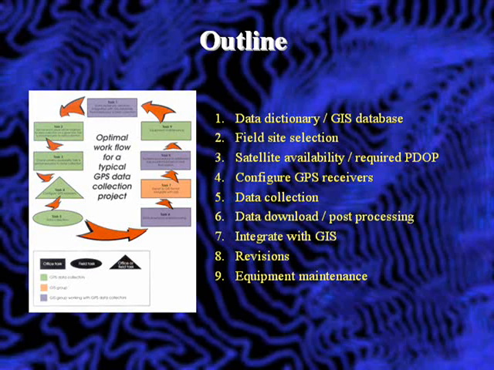Then data collection, well, we'll go in the field, and we'll have that actually on Wednesday, and for your class project as well. You'll go a lot out in the field. Data download, post-processing: how do you actually get your data from your GPS receiver, integrated with your project, integrated with GIS. Then revisions, you can always improve, and then equipment maintenance.